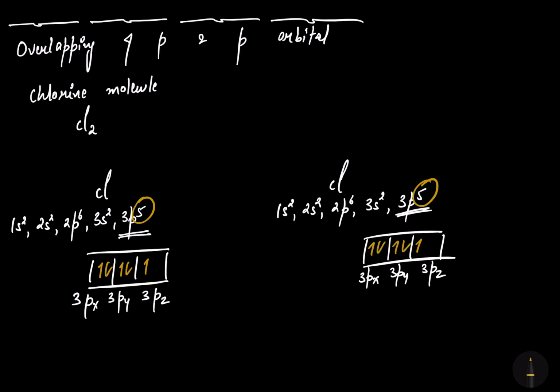Here this 3pz will be overlapped with this 3pz. That is to share the electrons present in 3pz with each other to complete the octet of both the chlorines and to attain the stable noble gas configuration of argon, 3s2 3p6.